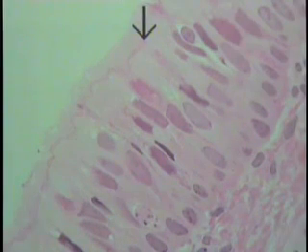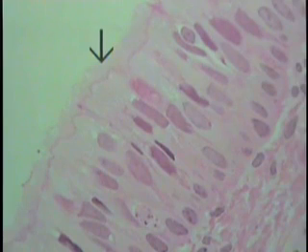And if one looks very carefully along the apical surface, you can see that little fringe of individual cilia that are going to reside on the apices of most of these particular cells. So this is a typical respiratory type of epithelium, which would be classified as a ciliated pseudostratified columnar epithelium with goblet cells.